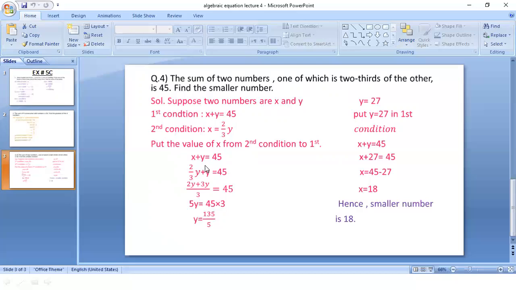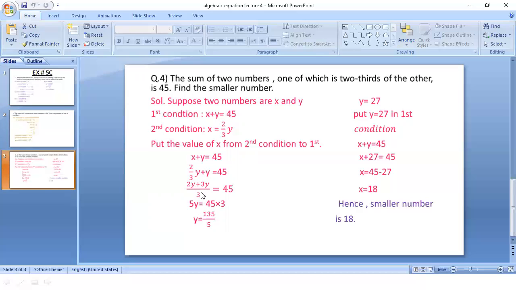And this y comes as it is, and also 45. What in the next step? The positive sign, the addition sign means we have to take the LCM. So I have taken the LCM here, 3, and 3 multiplied by y is 3y, 2y plus 3y, they both are like terms, we will add them. 2y plus 3y is 5y.